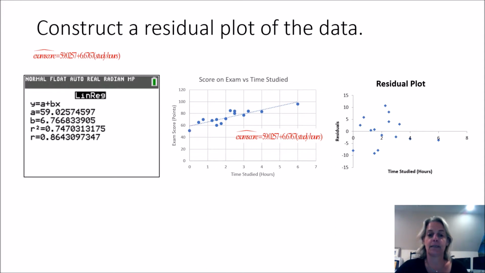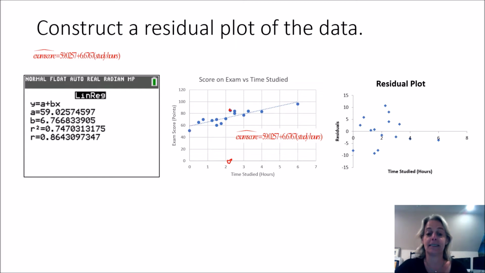If you have a point like this one right here, that's above the line, so our model is underpredicting the person's score at that given X value, which would be a little more than 2 hours, right there somewhere.